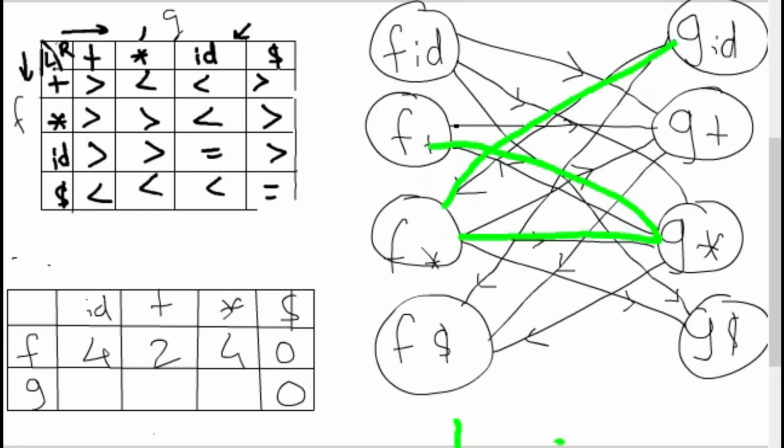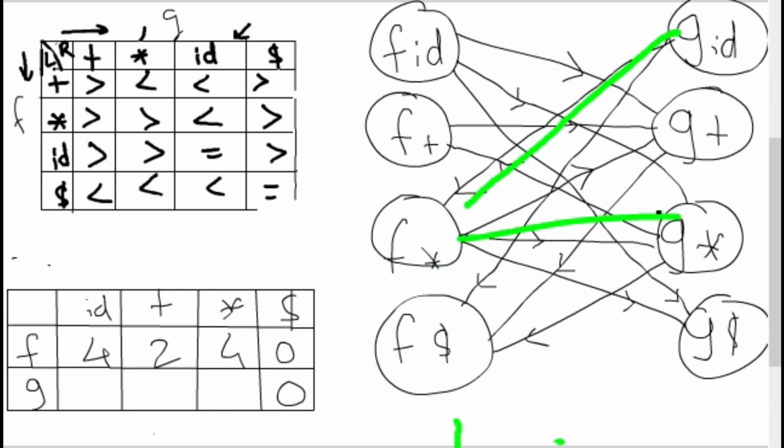Now F plus goes to G plus and G plus goes to F dollar. Now you can see there are 5 different edges. Let us count again: 1, 2, 3, 4, 5. So this is the longest path we have for G ID. So the answer will be 5.